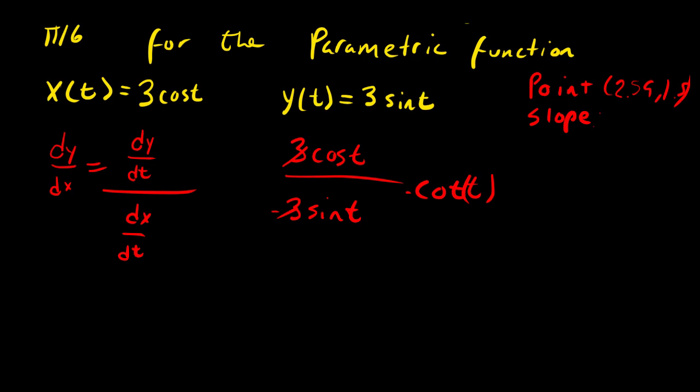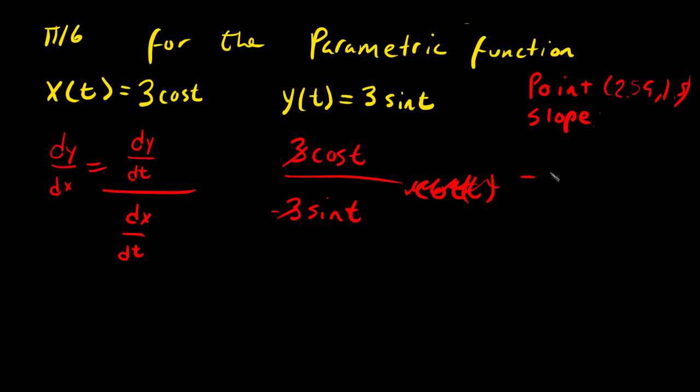And personally, just because cotangent isn't on a calculator, I would just straight up plug in pi over 6. I wouldn't even put it as cotangent t, so I'm just going to cross it out, because you can't put cotangent t into a calculator without doing this.